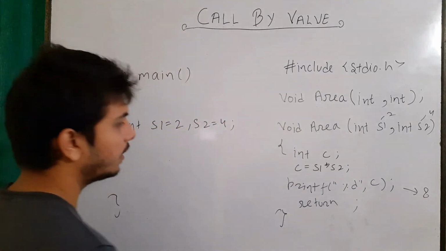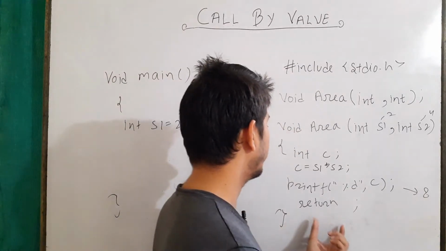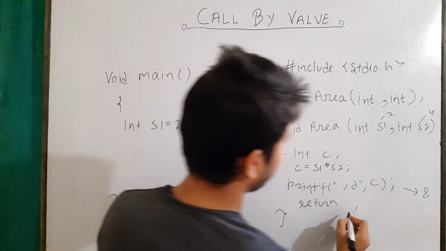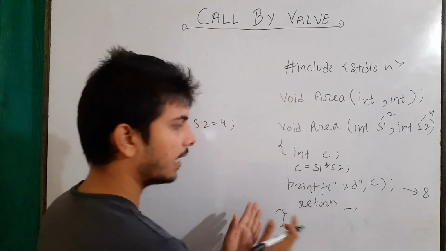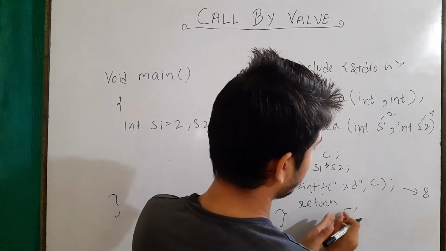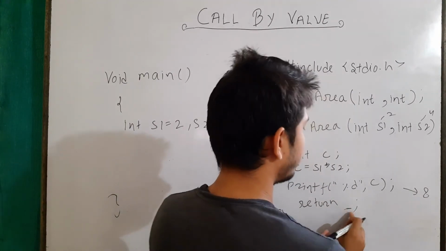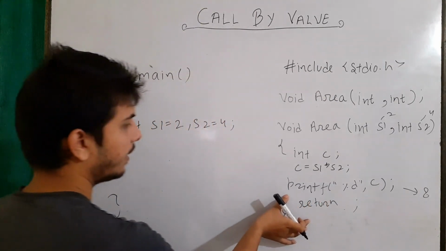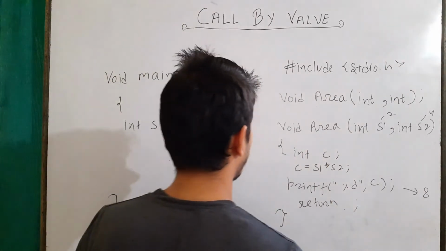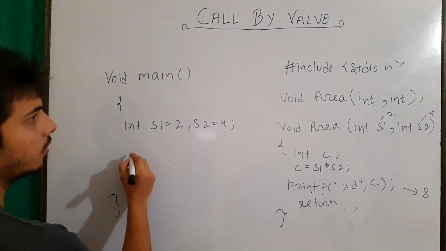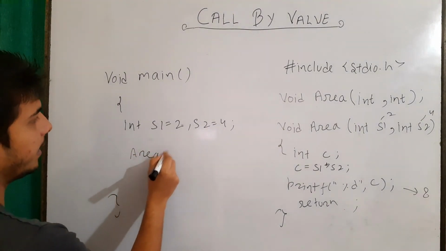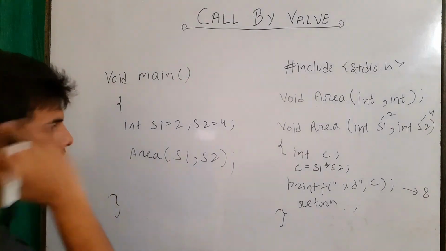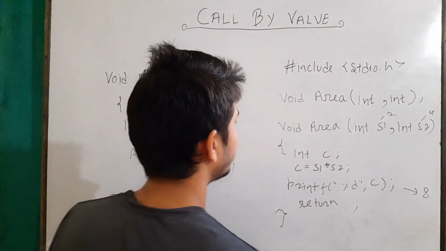We can use the return keyword here, but note that since we are using the void return type, I cannot return any value. Only the return keyword can be written, but no value should be there. If there is some value, our compiler will generate an error. Then from here I will call this function area with the values s1 and s2. So the final output will be 8 here also.